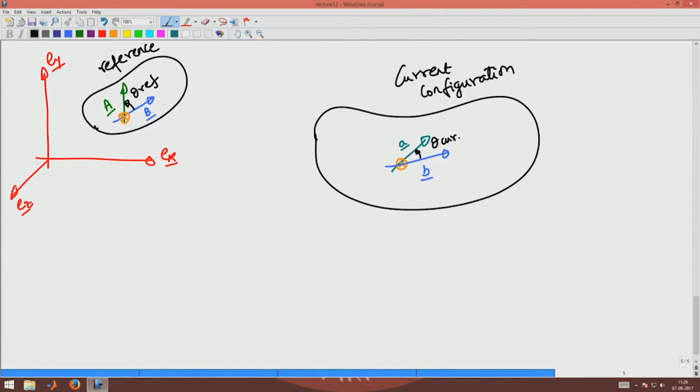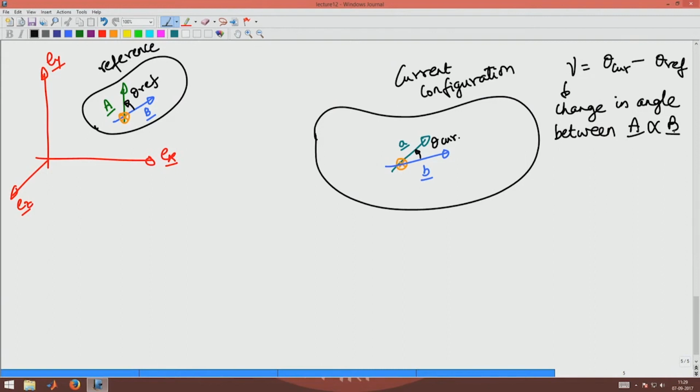Now, I want to find gamma, which is theta current minus theta ref, that is the change in angle I want to find. Gamma is nothing but the change in angle between A and B. So, we will write it as gamma A B.